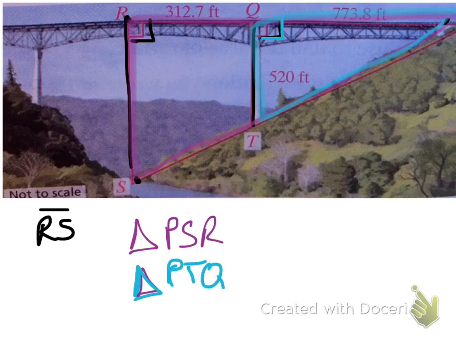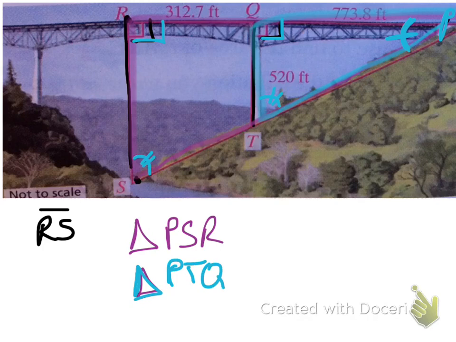They each have a right angle, and they both share this angle here, angle P. So if you have two congruent angles, you know that the third must be congruent as well. So now we know that we have congruent angles.